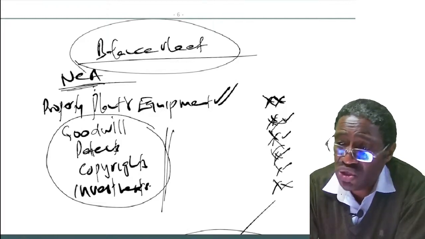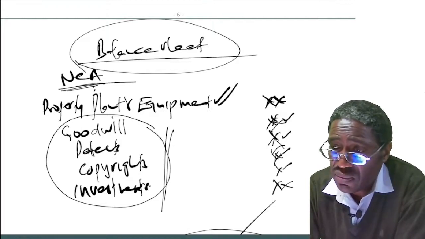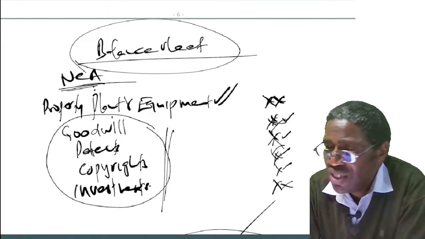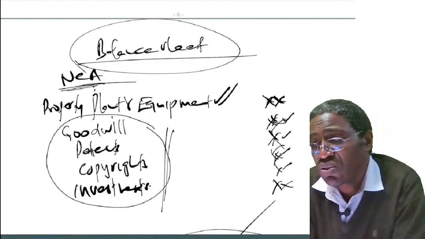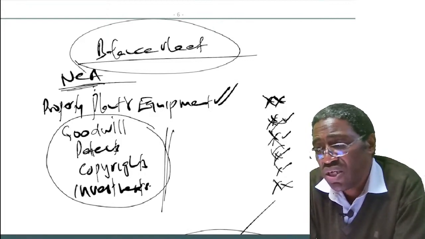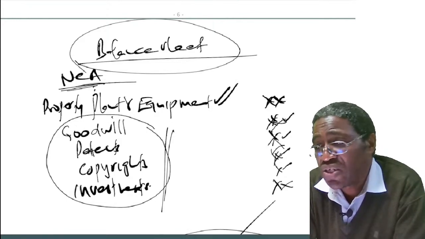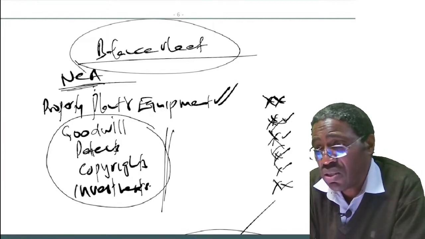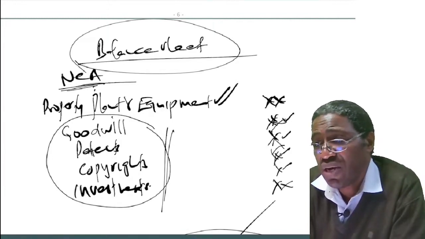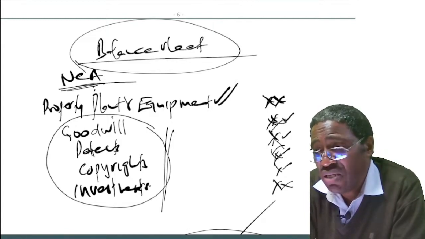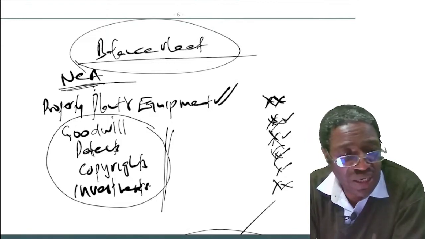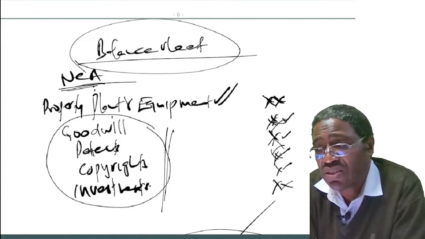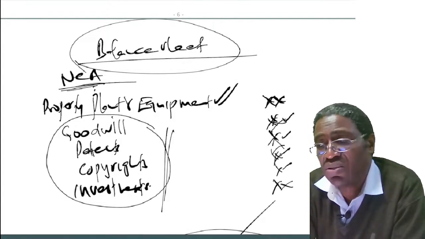They should be presented as a single amount under the name property, plant, and equipment.